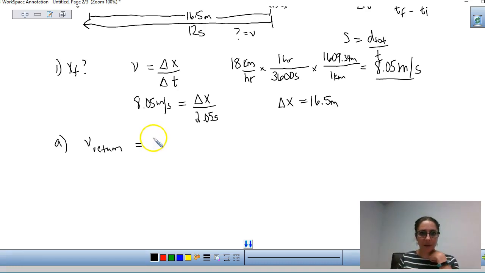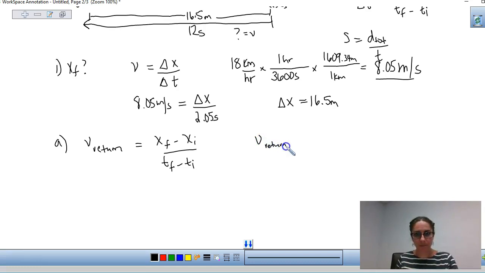Velocity for the return trip is going to be delta x final minus initial over the change in time, right? So let's go ahead and do that return. My initial position is actually over here, right?